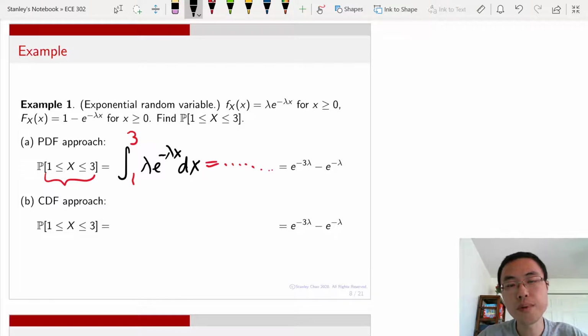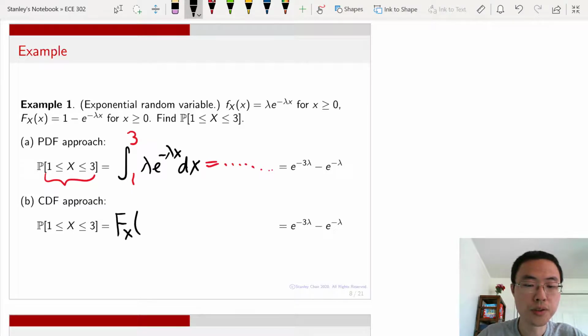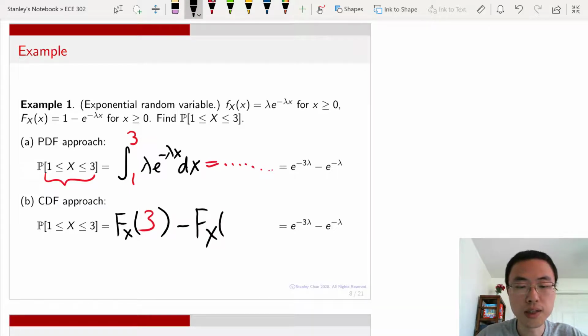How do I solve the same problem using the CDF? Since you are already given the CDF, calculating this will actually be quite easy. You use the CDF formula: I am evaluating x from 1 to 3, so I first calculate the CDF at 3, and then subtract the CDF evaluated at 1.